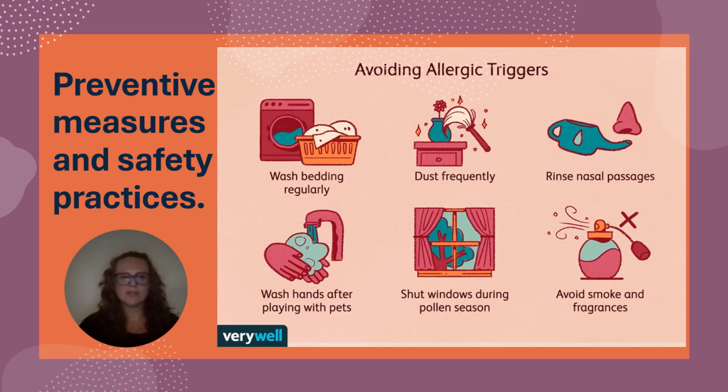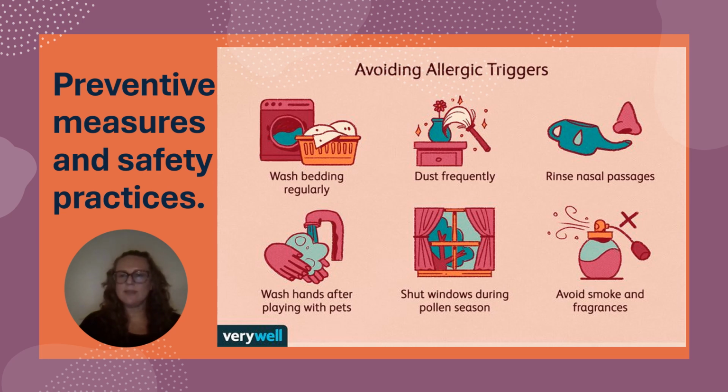Preventive measures and safety practices. So avoiding allergic triggers. What we want to do is regularly wash any linens in hot water to kill dust mites. Frequently clean and dust surfaces with a damp cloth to reduce dust buildup. We want to rinse nasal passages with saline.